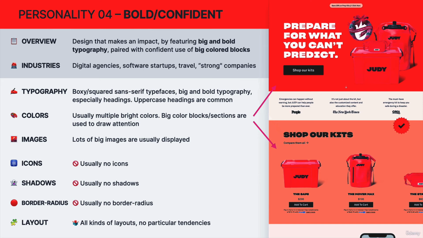Now, as for icons, shadows, and border radius, these are usually not used in these types of designs or are used very sparingly. So, for example, that button that you have here, which says Shop Our Kids, it actually has a very small border radius. But in general, what I mean here is that these designs are usually not round at all.